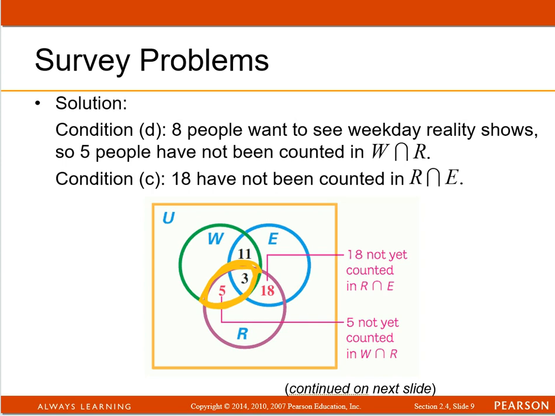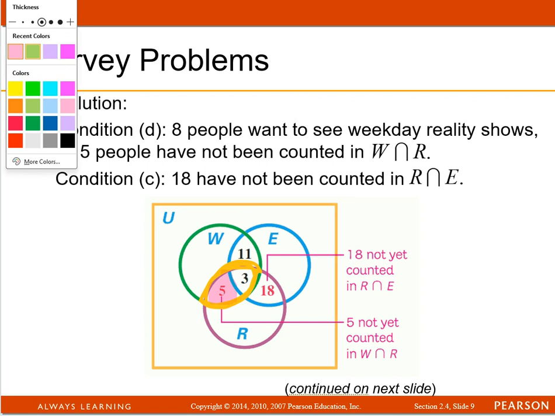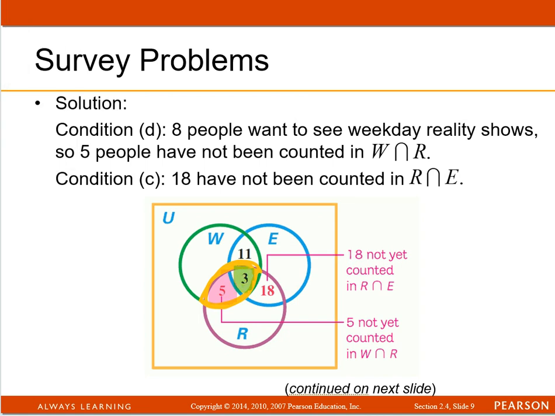But again, the Pope hat right now doesn't have any numbers in it, but you had labeled this section with a 3, and it's supposed to be a total of 8 people. So if there's 3 right here, then there has to be 5 in the pink area, and that adds up to 8.